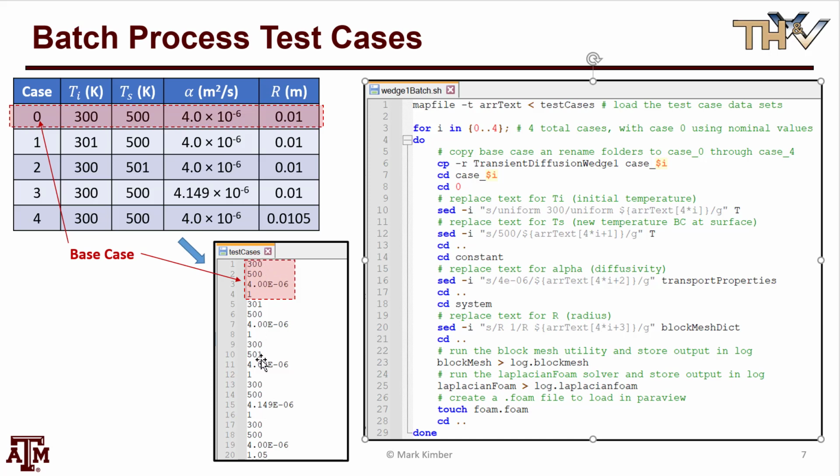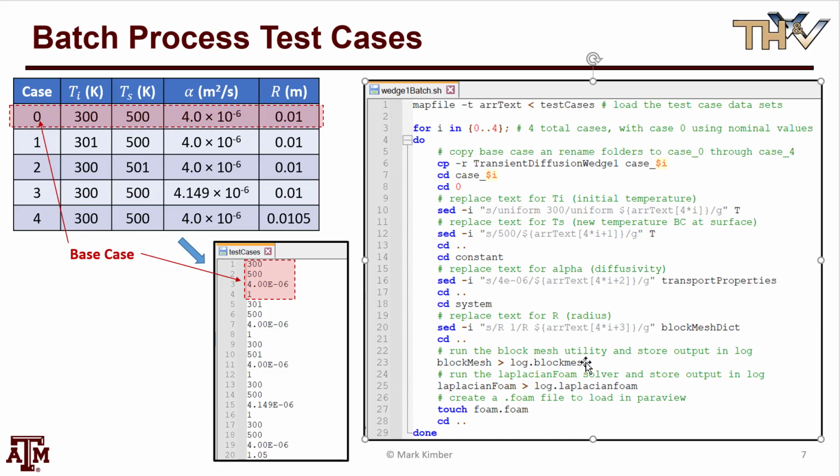So this test cases vector is again organized by groups of 4, and those represent my 4 values that I want to input there. So once I do that, I go back up a directory, and then I run my block mesh utility, and I don't want it to echo back to the screen, so I store that printout that I would normally get into a log file.